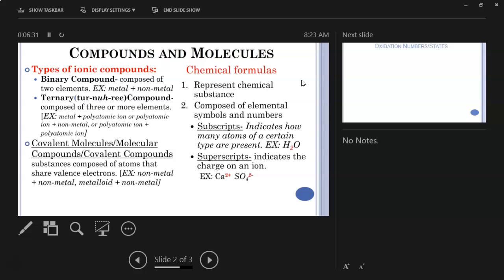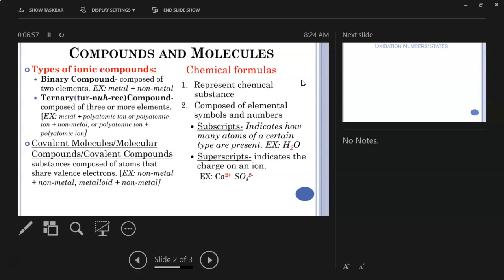Okay? Chemical formulas, of course, represent the names of substances. So instead of having to write sodium chloride, we write NaCl. Instead of writing magnesium sulfate, I would write MgSO4. So chemical formulas are going to represent the name of chemical compounds, molecular and ionic.